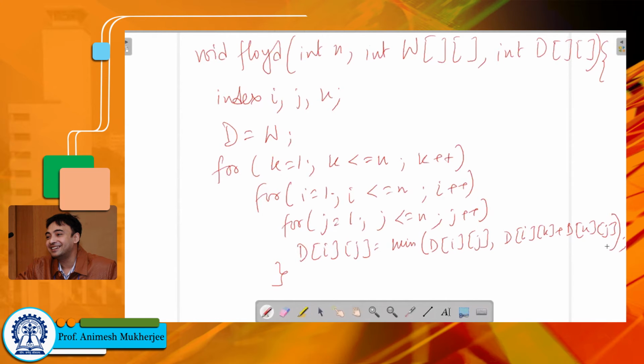And this gives you the distance matrix immediately. And as you can understand, it's very easy to compute the time complexity, which here is order of n cube. So our T(n) is O(n^3).